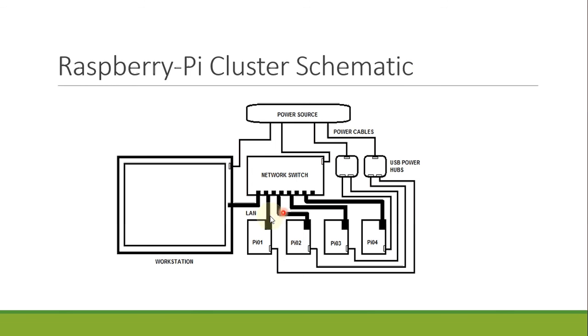The 4 Raspberry Pis are connected to the network switch via LAN cable and powered by USB hubs. The workstation is also connected to the network switch via LAN cable. The WRF sessions on the Raspberry Pi cluster are controlled remotely from the workstation.